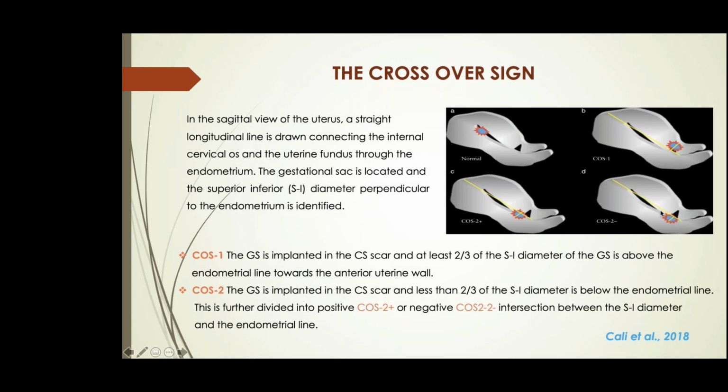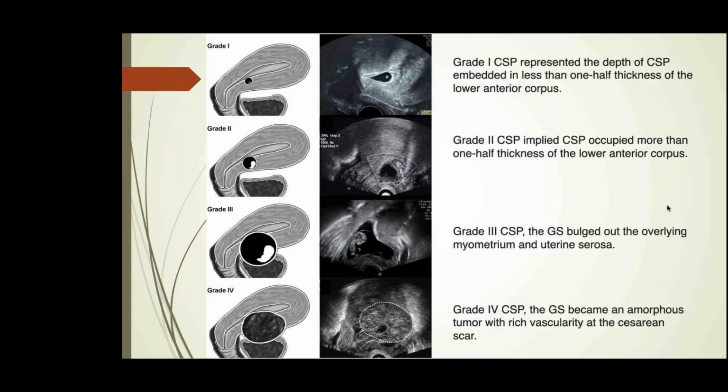If the sac is below this line, it is crossover sign 2, which means it is the endogenic type. So it is another sign that can help us. But as you can see, this is only with small sacs, about 6, 7, 8 weeks at the most. If you have a 10 or 12 weeks pregnancy or later gestational age, you cannot apply these signs quite clearly.